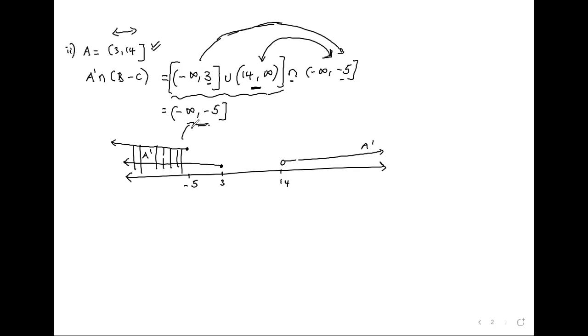And then the third one is A union B complement, and then intersection C. So we first need A union B complement. A is 3 to 14, closed. Union B complement.